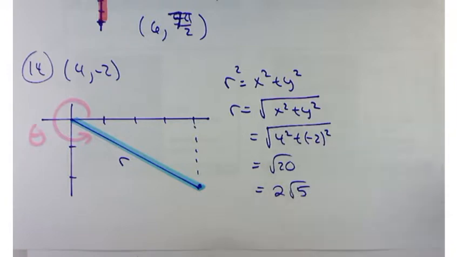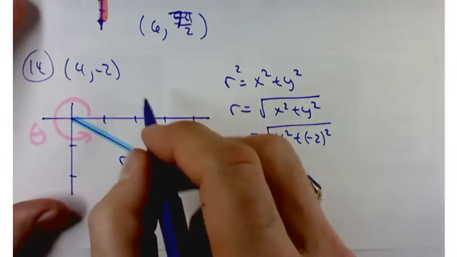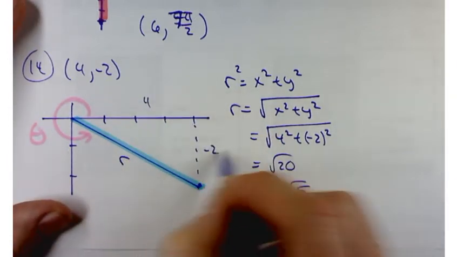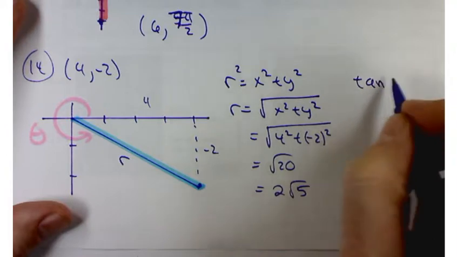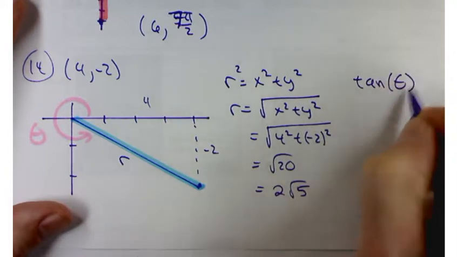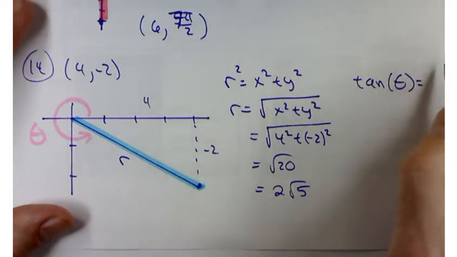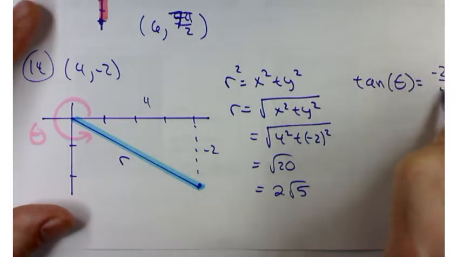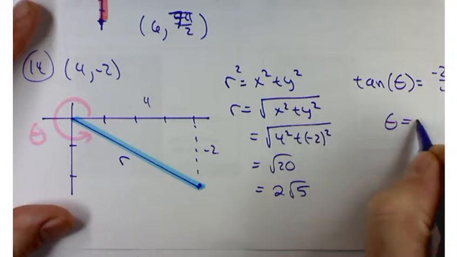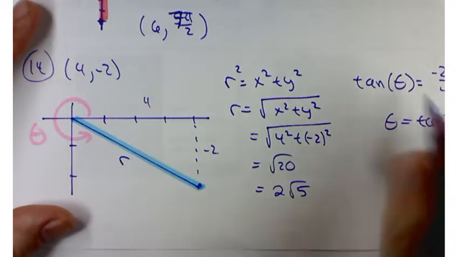Not looking so good. Tangent looks pretty easy to work with because you've got a side of 4 and a side of negative 2. So the tangent of theta is opposite over adjacent, so negative 2 over 4. Theta is the inverse tangent of negative 1/2.